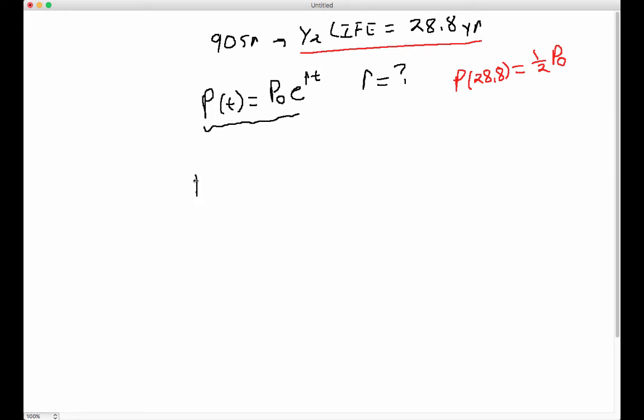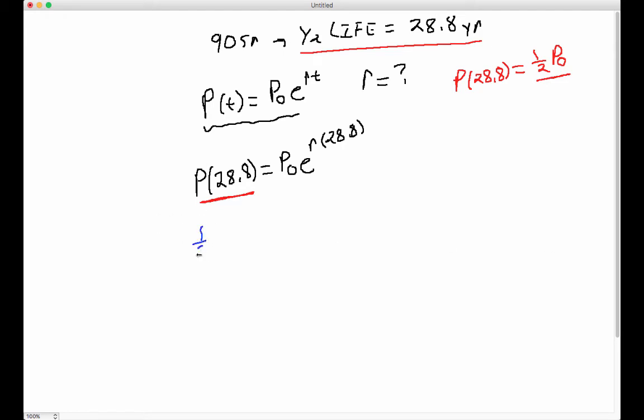So that says that P of 28.8 is equal to P sub 0 e to the r times 28.8, okay? But wait, we know that this right here, the P of 28.8, is 1/2 P sub 0. So let's go ahead and substitute that in over here.